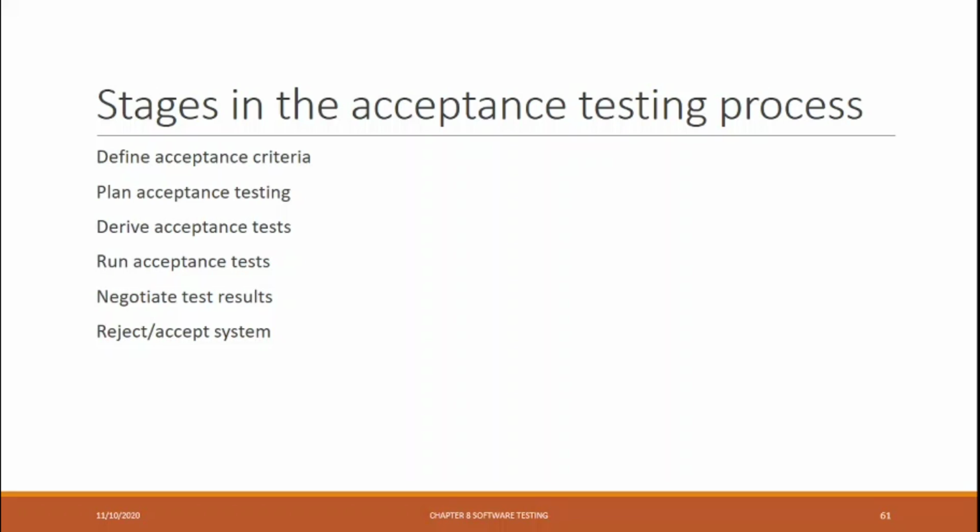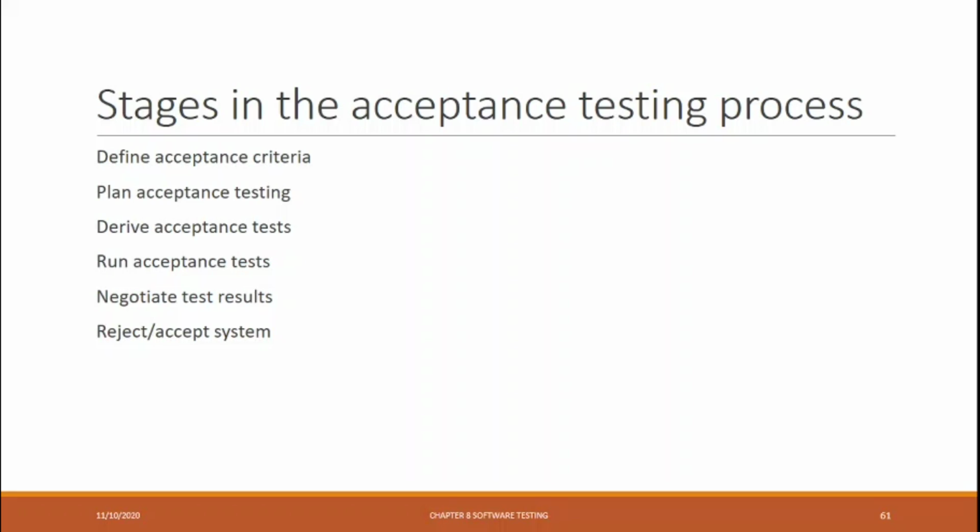And then the next point is run acceptance tests. This is the agreed acceptance testing, or execution, of the system. That takes place in the actual environment, in front of the customer, and it is checked whether it is running properly or not. The user testing environment is set up and the test cases are run. Negotiate test results is where the acceptance tests are passed and there is no problem with the system.